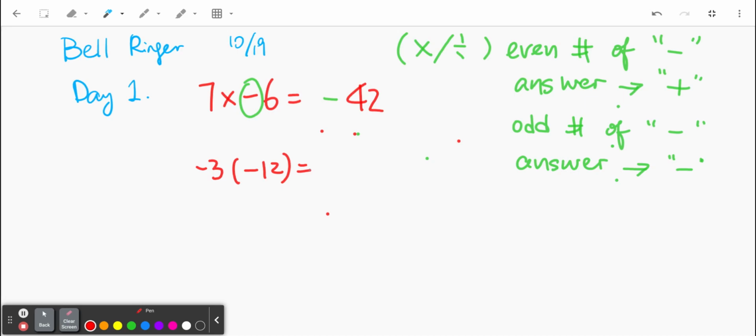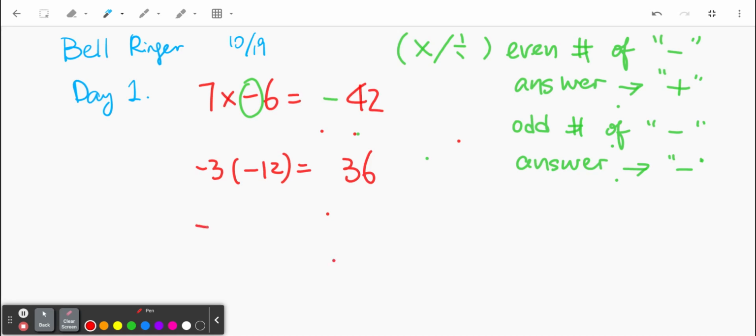Very good. Why is positive, Gianni? Why the answer is positive? Bria? Very good. 2 negative is positive, right? Give you a positive answer, which is 3 times 12, 36.